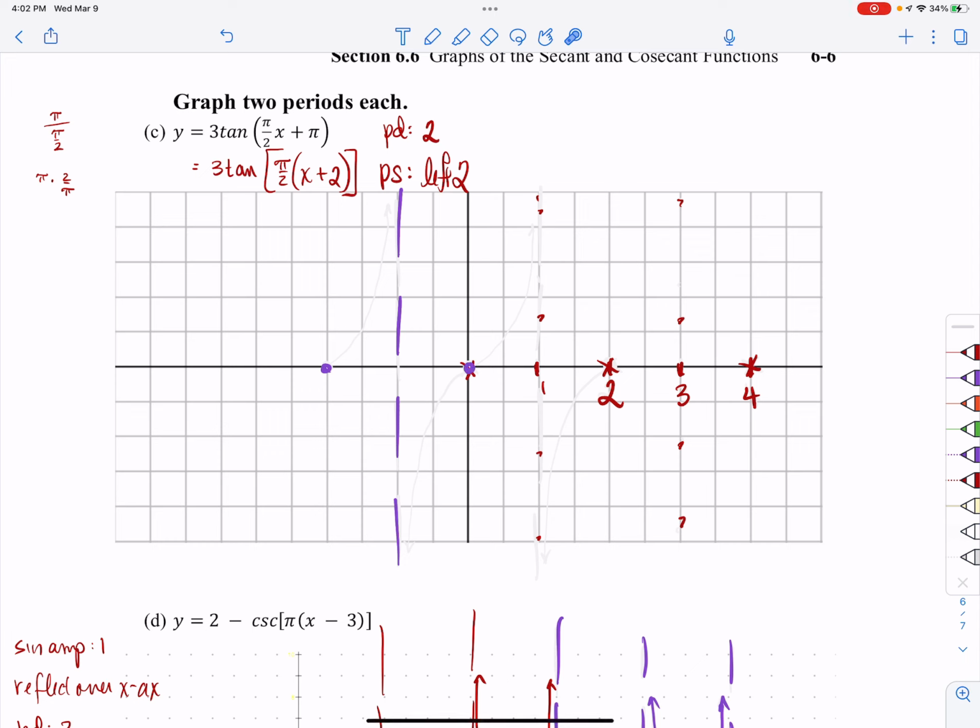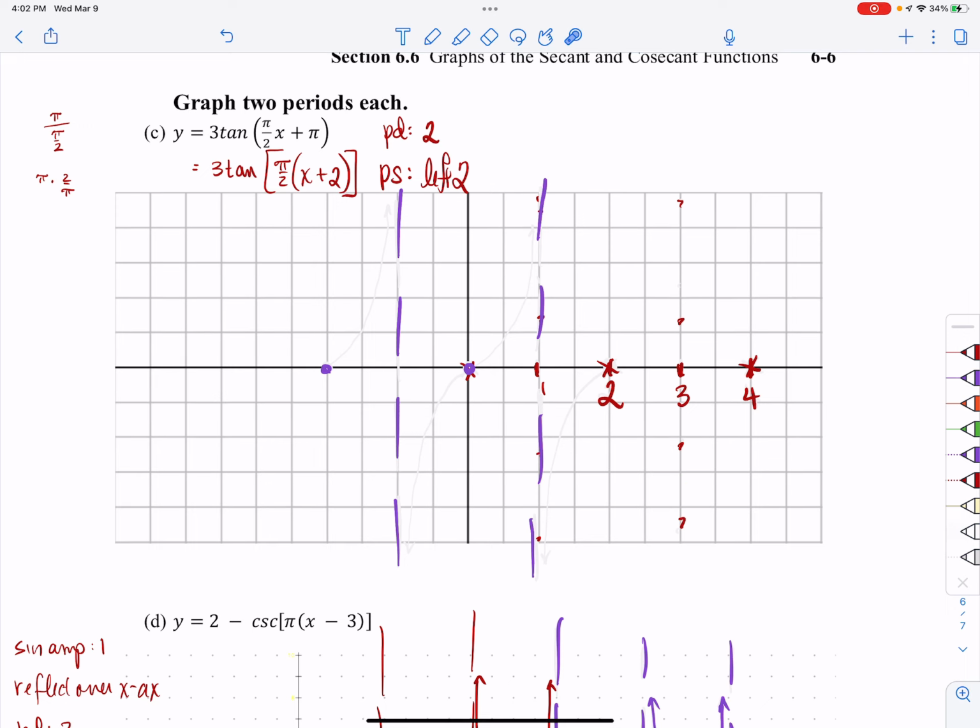My next asymptote, 4 blocks to the left. Now this is interesting because the new asymptote landed on top of the old asymptote. And then last but not least, that last x-intercept, let's move it 4 blocks left. Tangent graphs are uphill.